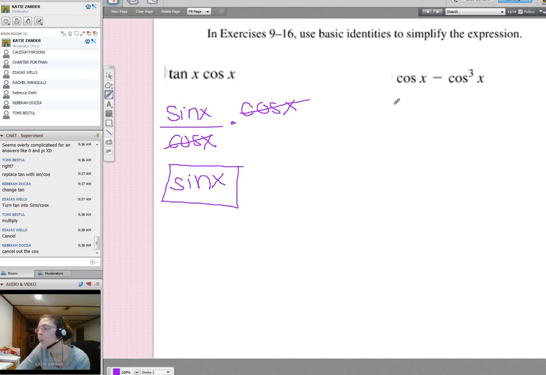Great. All right, what about the second example? What can we try to do in the second example? Factor. What can we take out then? Cosine x.